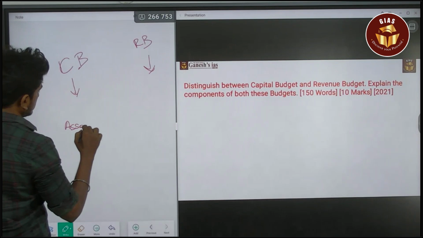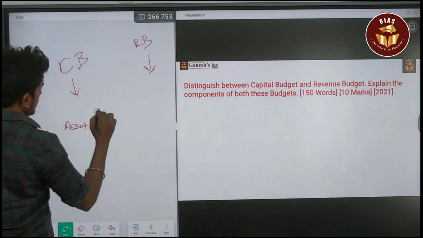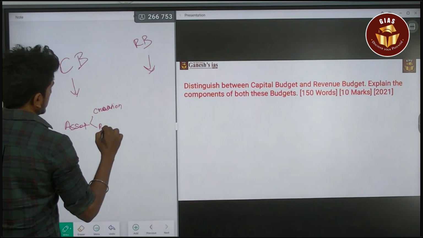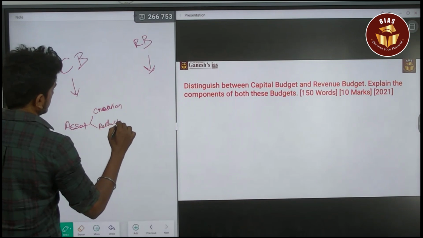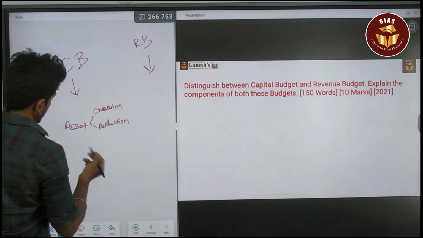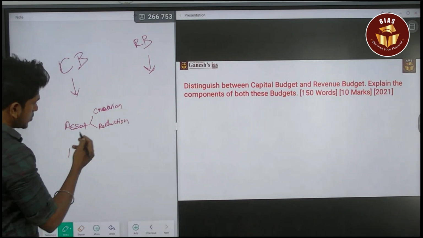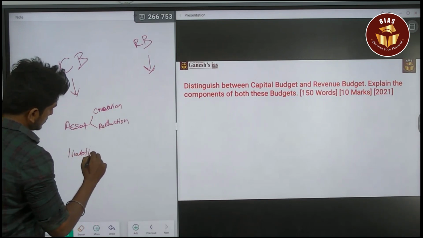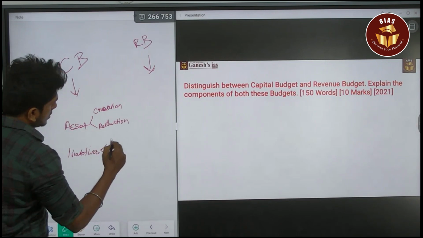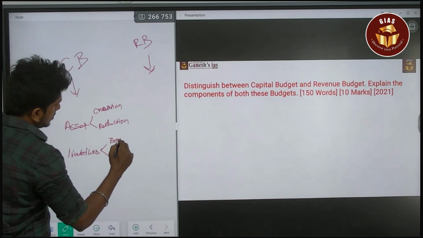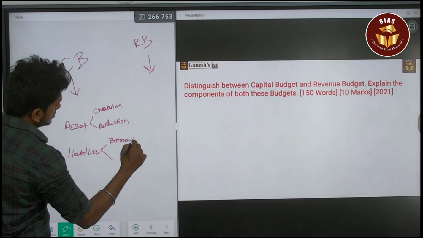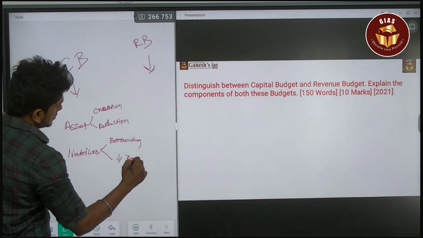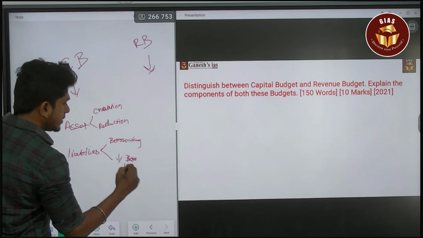Asset creation, reduction, and when it comes to liabilities, borrowings or reducing the borrowings, reducing the debt.